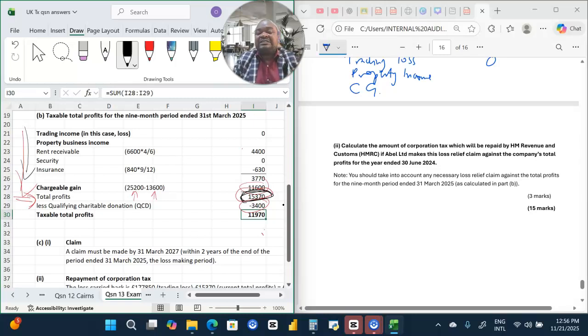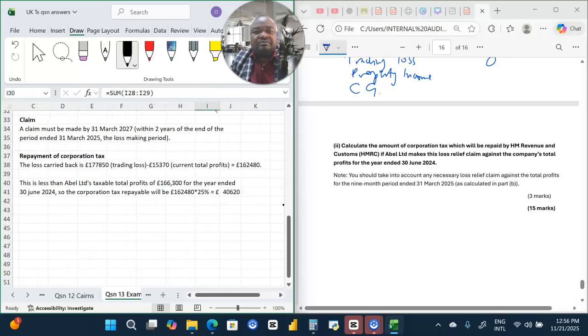Why? Because we are saying you are in a loss situation, so whatever profit you made should all come to zero. You didn't make profit in any of those ventures. So we first clear the current year profits, and then we move on to the previous year with the remainder. Something like that.